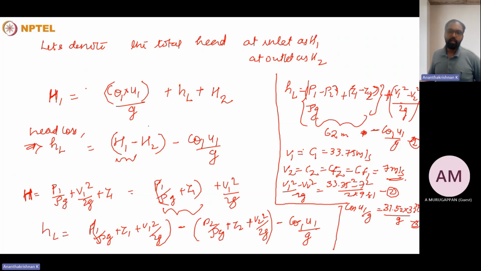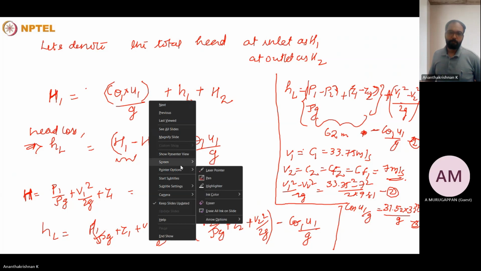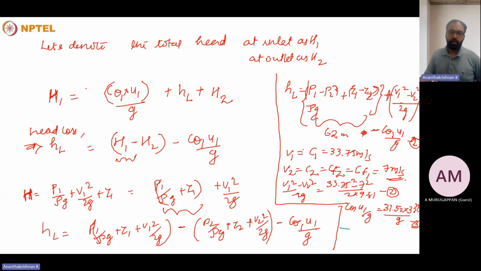So substituting 3 and 2 in 1, we can calculate the head losses in the runner. Therefore, head loss HL is equal to 62 plus this particular quantity, 33.75 squared minus 7 squared, divided by 2g, minus the final term, C theta 1 into U1.